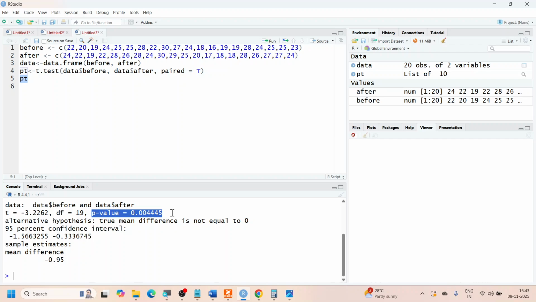Okay, so let's say our level of significance is 5%. That is, we are saying that we want to be 95% confident that our results are proper.